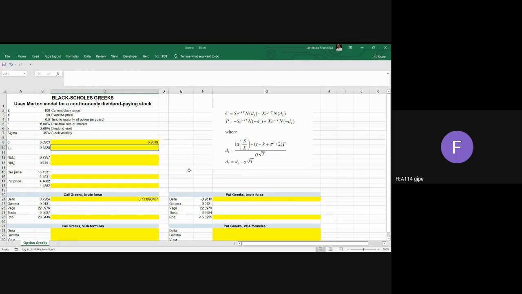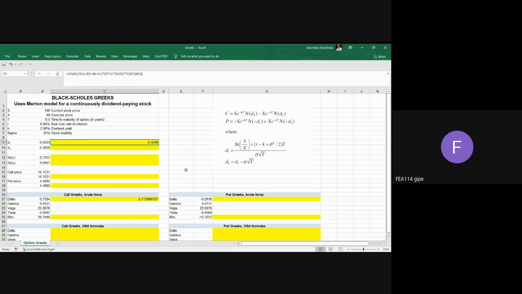Oh, this is different from D1. It should not be a problem, and the formula looks good.